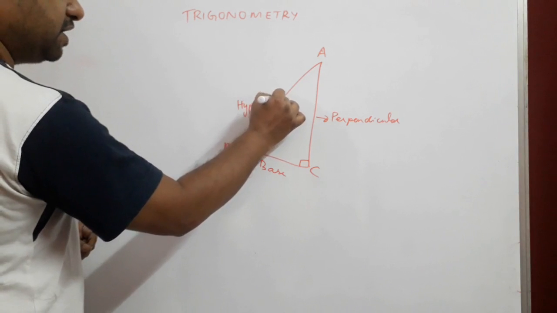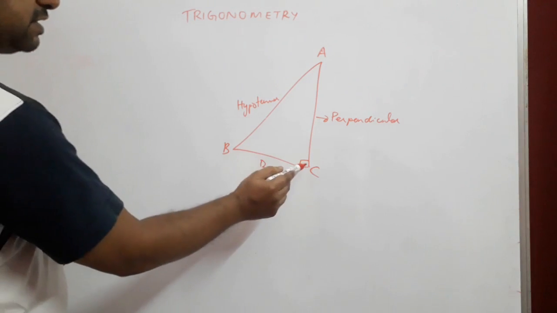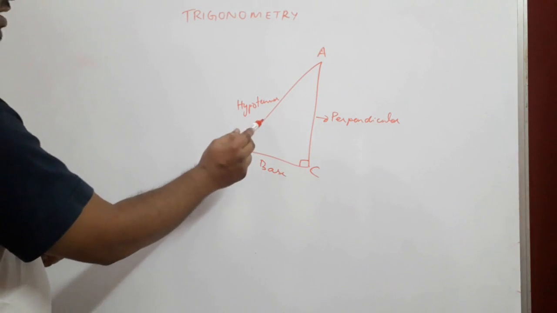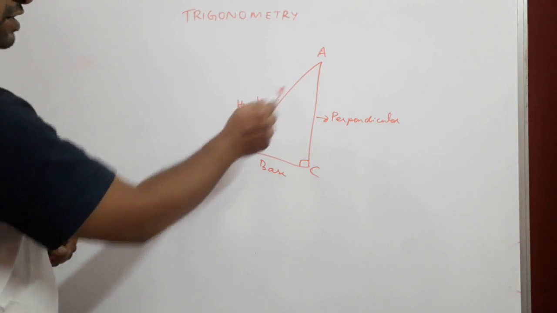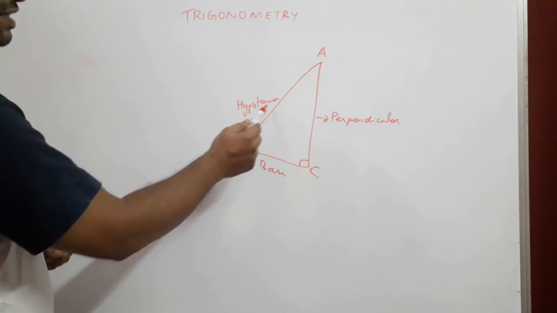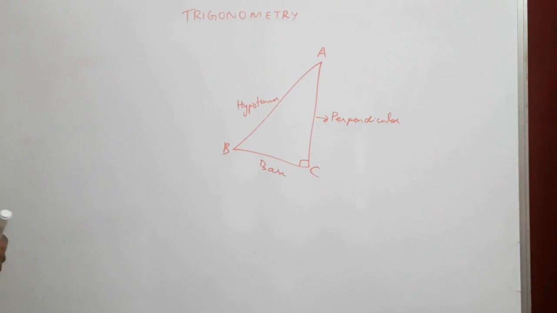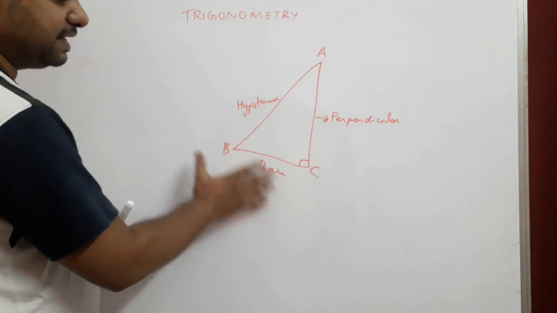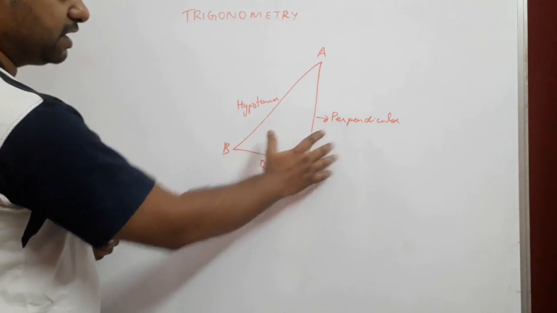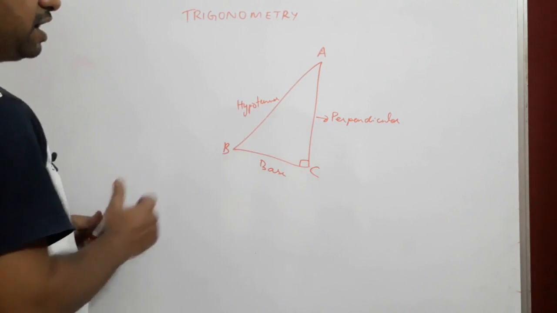Remember, we have learnt before that the side opposite to a right angle is always the longest side, and it is called the hypotenuse, which we use in the Pythagoras theorem. For now, we just look to remember these three sides. This is your perpendicular, this is your base, and this is your hypotenuse.